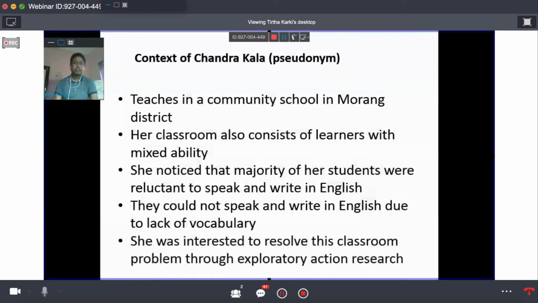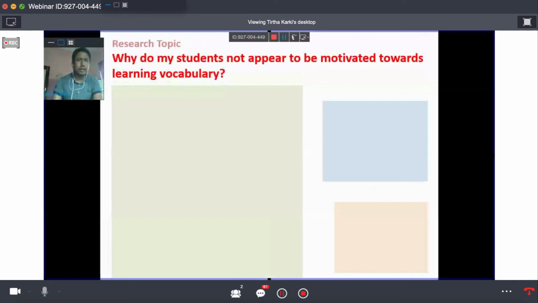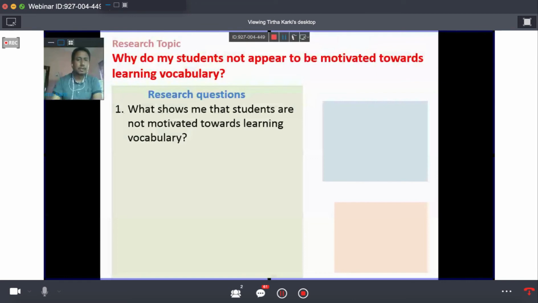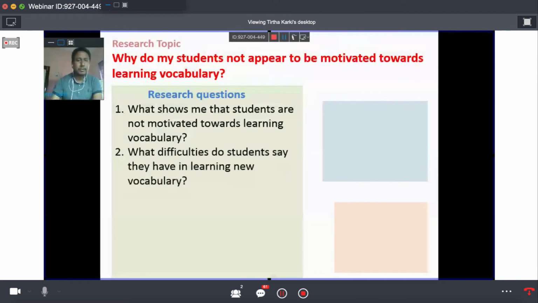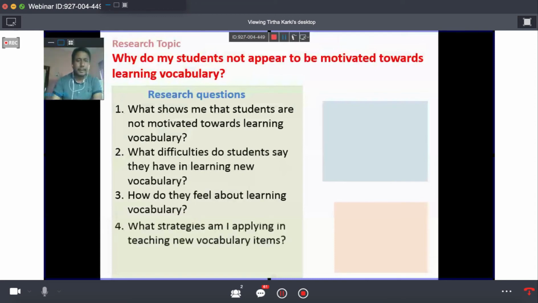She was interested to solve this classroom problem through exploratory action research. Her research topic was why her students were not motivated towards learning vocabulary, why they were found bored in learning vocabulary. And she framed some research questions like, what shows me that students are not motivated towards learning vocabulary? What difficulties do students say they have in learning new vocabulary? Similarly, how do they feel about learning vocabulary? And what strategies am I applying in teaching new vocabulary items?